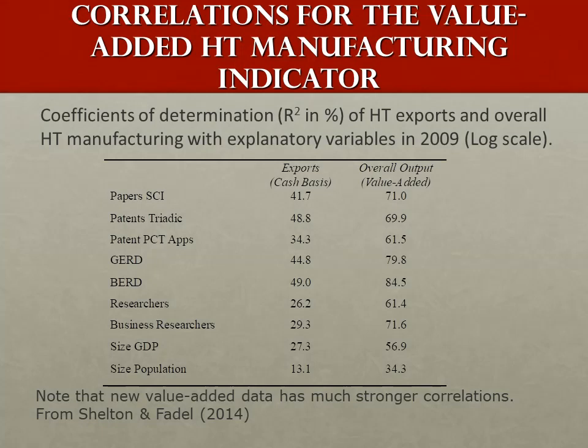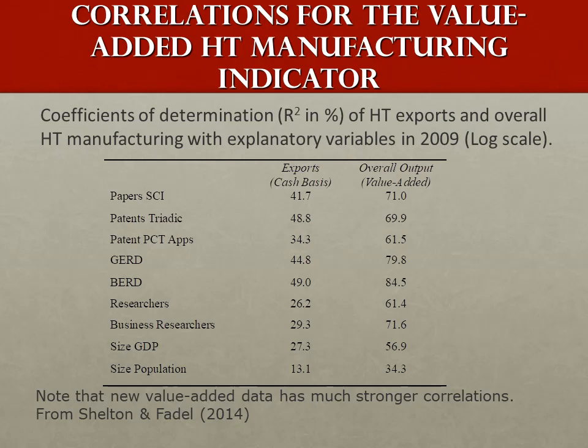Okay, going back to correlations. These show the correlation coefficients between high technology exports in the first column and overall high technology manufacturing in the second column. They're correlated with a bunch of different potential causes, like research as measured by papers or applied research measured by patents.